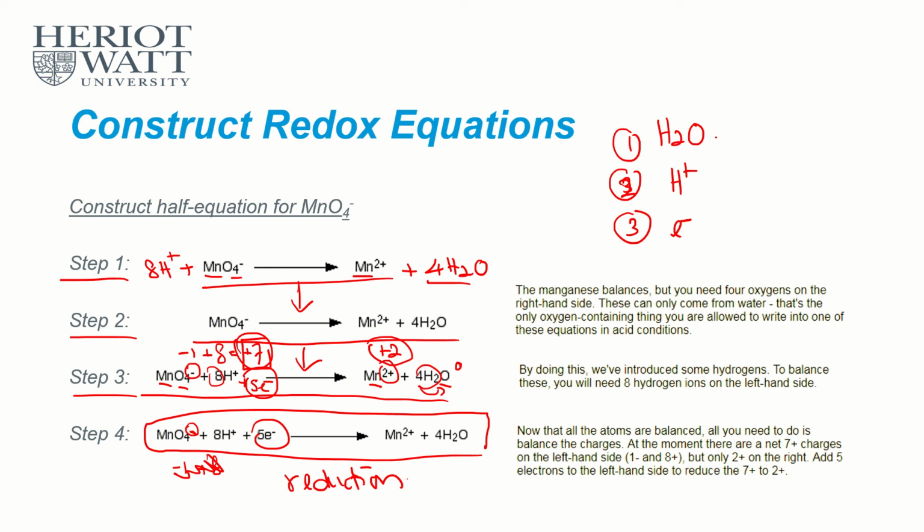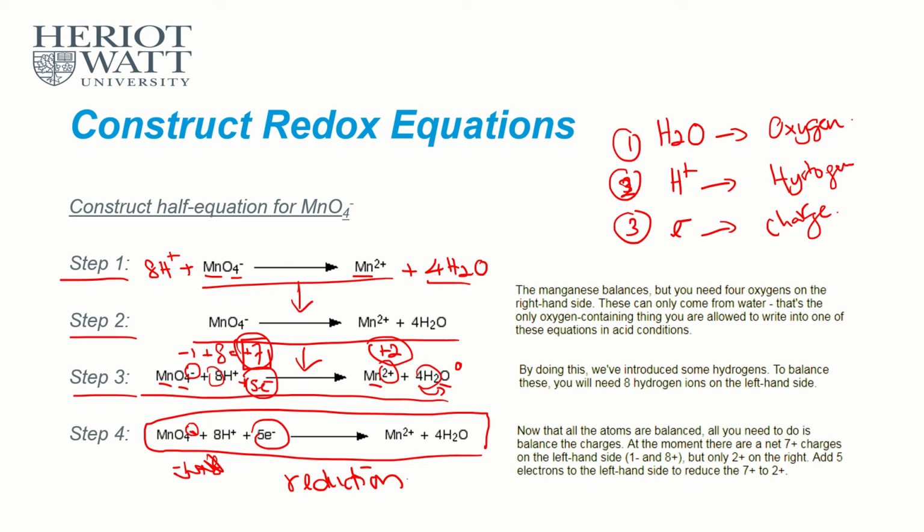So water is to balance oxygen, wherever you have oxygen. H plus is to balance, of course, hydrogen. Electron is to balance the charge, the overall charge on both sides. So remember this, under acidic condition, these are the 3 things that we should add in.